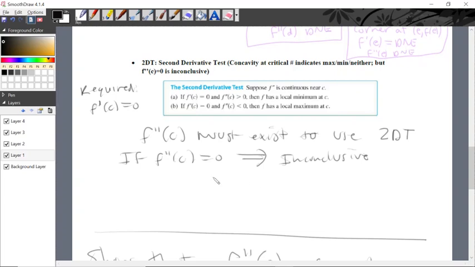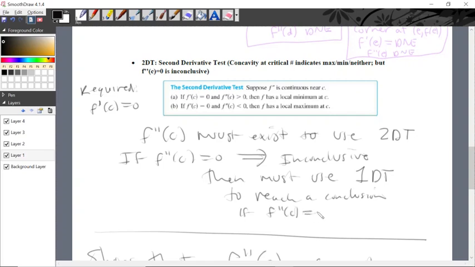If it's inconclusive, then what do we do? We must use the first derivative test in order to reach a conclusion, if either f double prime of c is equal to 0 or f double prime of c does not exist.